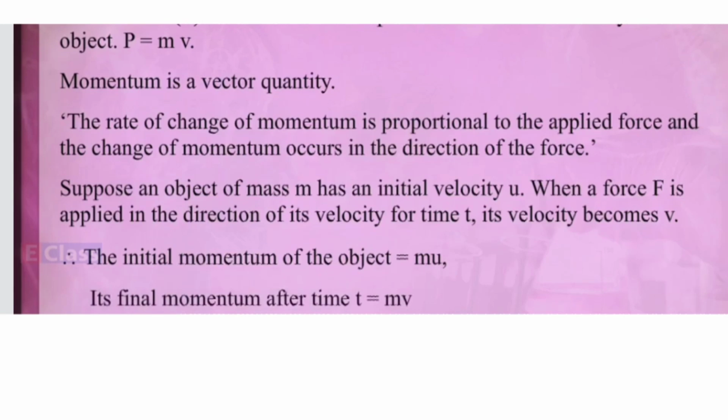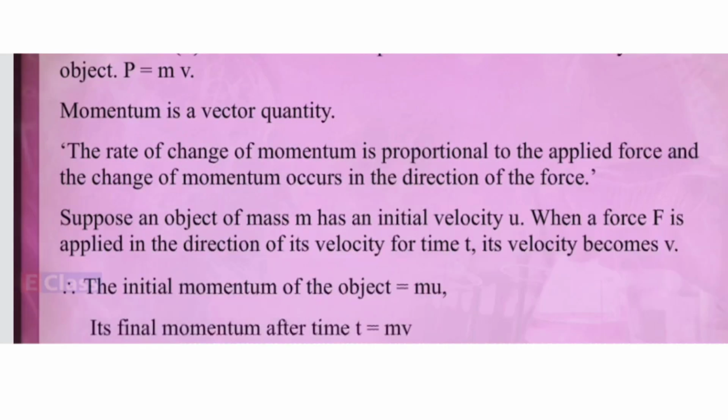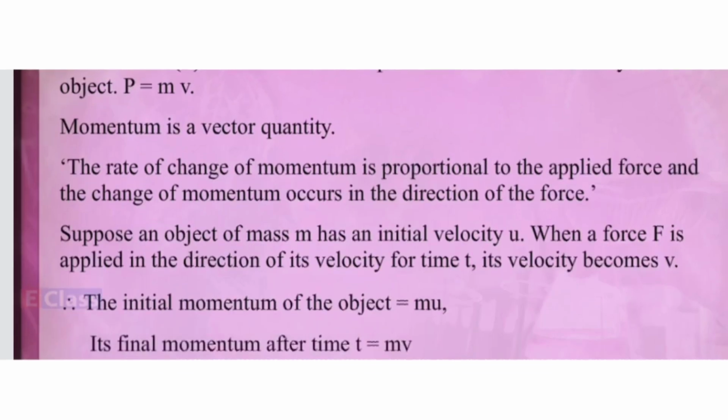For that, let us read this. The rate of change of momentum is proportional to applied force, and the change of momentum occurs in the direction of force. When we see it for the first time, we find it difficult to understand this language.